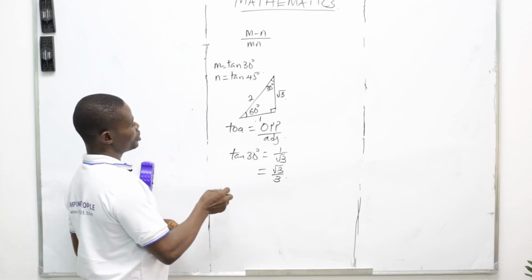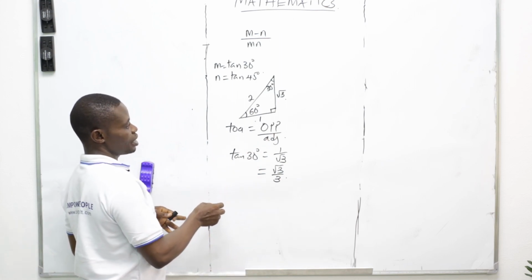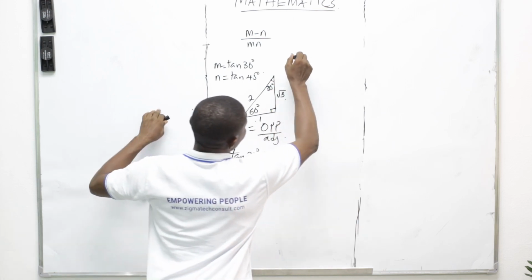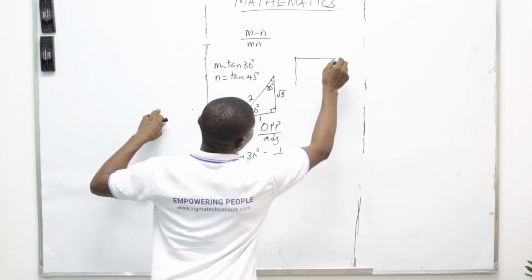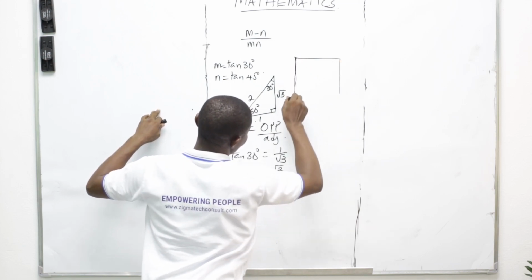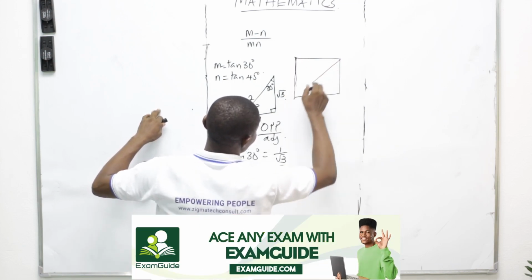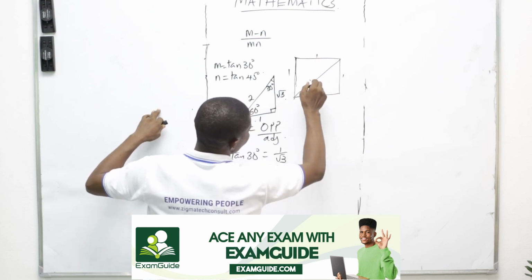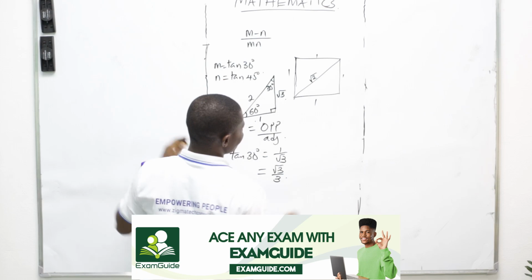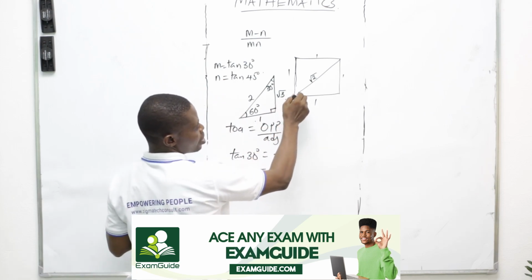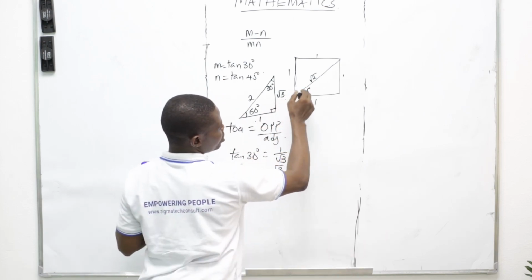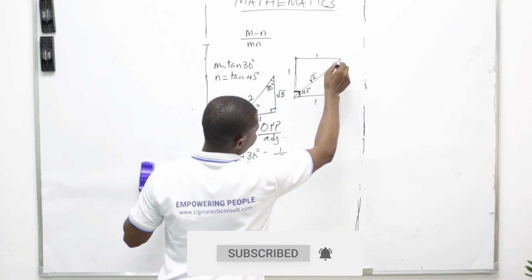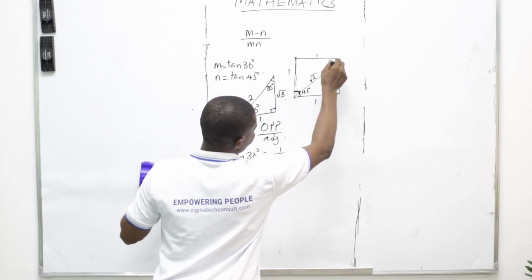Now, let's come to tan 45. Tan 45 will use a square instead of an equilateral triangle. From our Pythagoras theorem, we're able to see that here is root 2, and here is 45 degrees, because each corner angle in a square is 90 degrees.